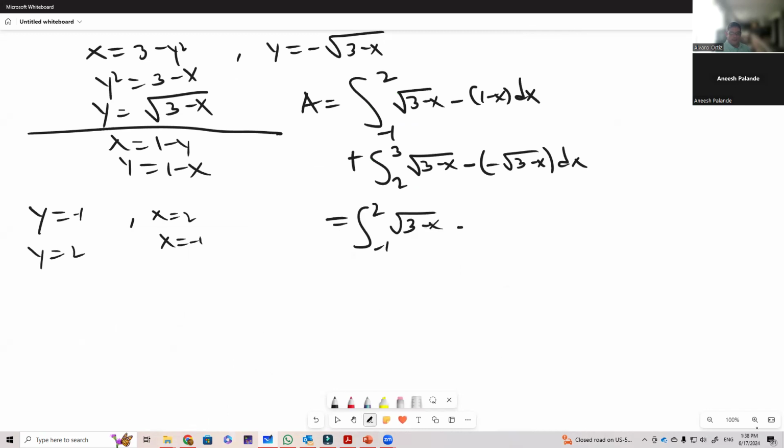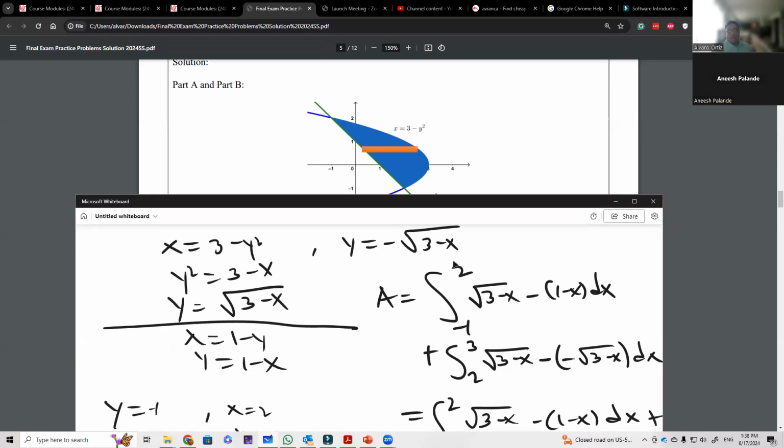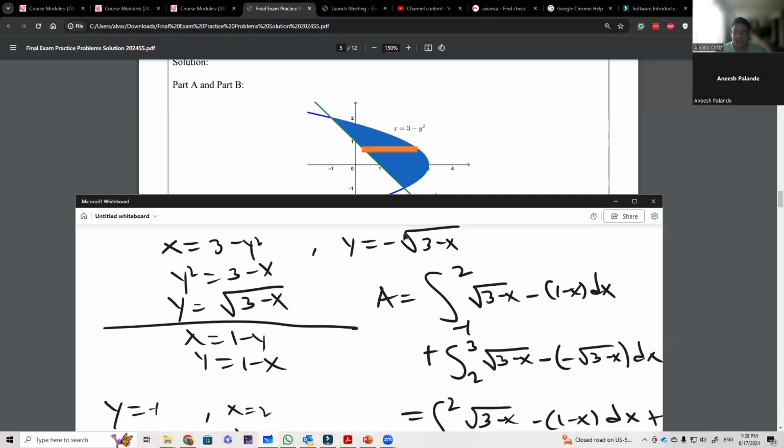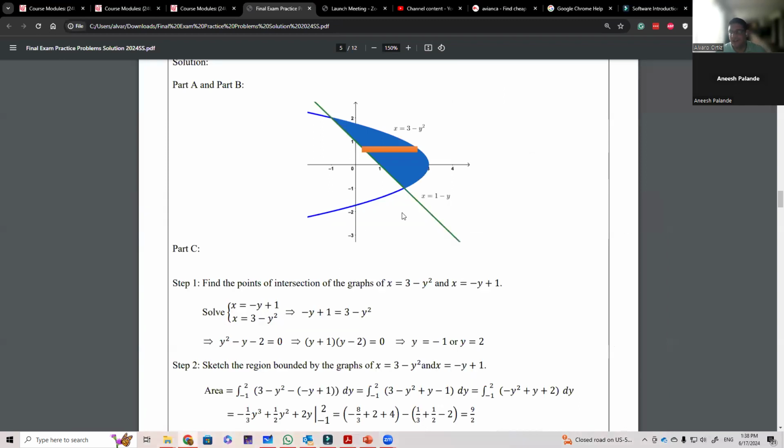The first integral is this, and then plus another piece of the area, which is twice the square root of 3 minus x. So, as you can see, depending on whether you do it by y or x, you can have a much more complicated or a much easier approach to the same exercise.